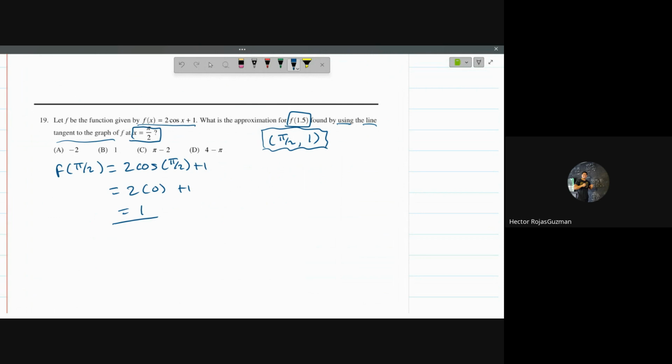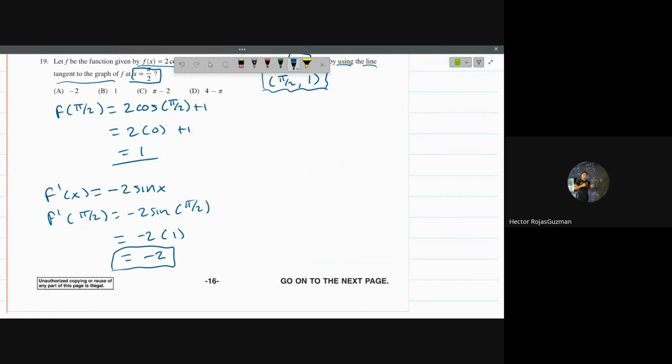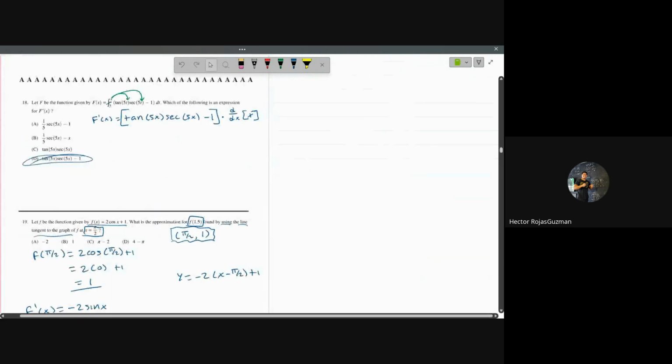Now we need your derivative. F prime of x is equal to negative 2 sine of x. And then we can go ahead and plug in pi over 2. So from here, I know that sine of pi over 2 is equal to 1, so my slope is negative 2. My tangent line: m times x minus x1 plus y1.